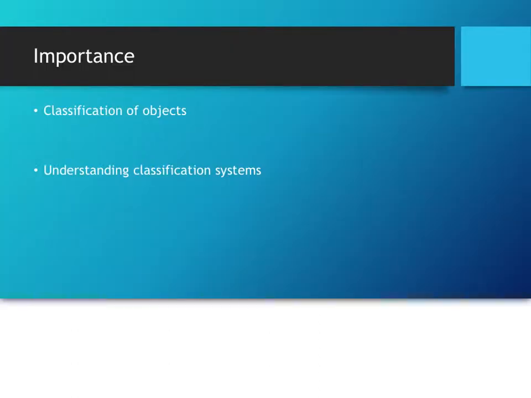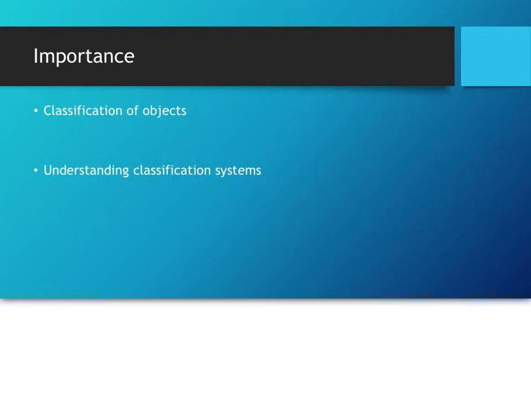Like I said, the importance of sets is we're going to look at classification systems, alright? And it's very important that you can understand when people are talking about one thing being inside of another, or one set of objects and the other set of objects, their overlap, so that we can understand what's going on.